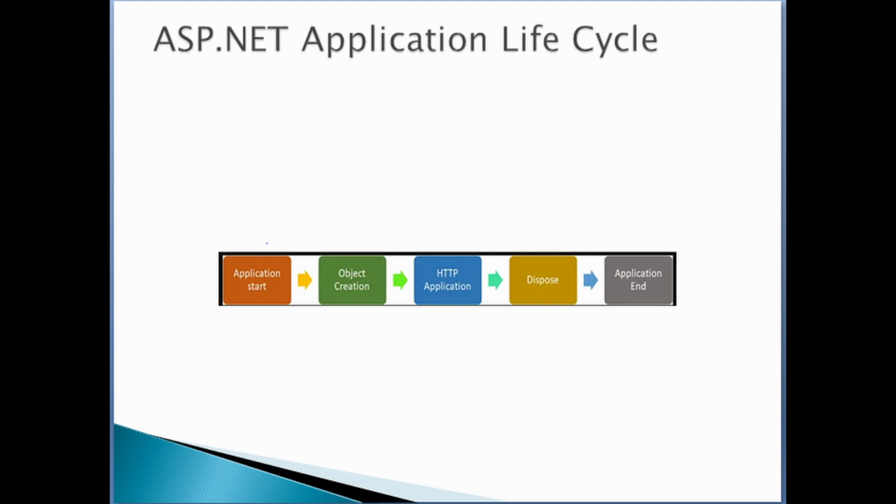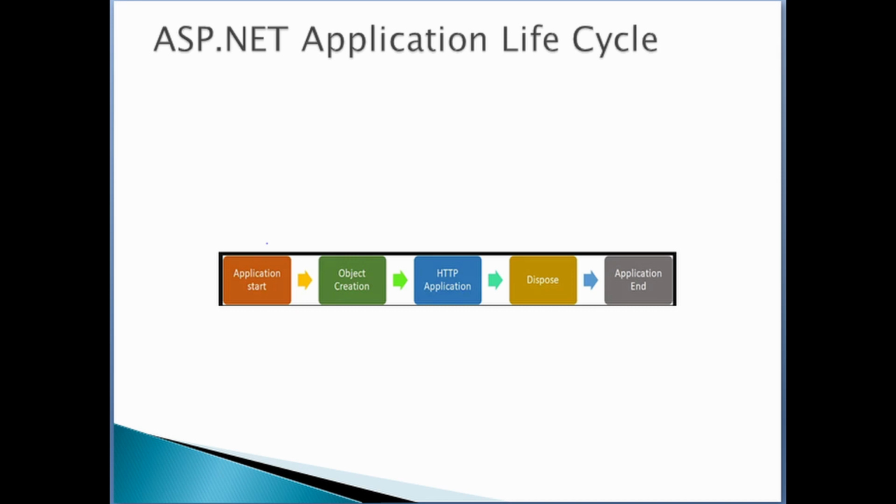In this method, it sets all global variables to default. Object creation. What is object creation? Object creation holds all the HTTP context, HTTP request and HTTP response by the web server. It also contains information about the request, cookies and browsing information.